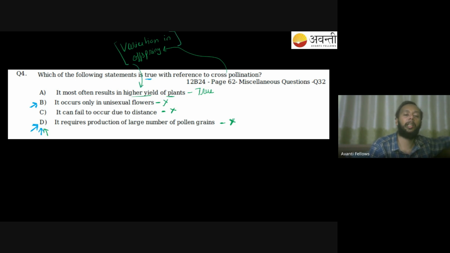So you get better plants. Why better plants? Because they have a variation in the offspring. And variation is essential for the survival of the plant with the changing environment. आपके environment में जो changes हो रहे होते हैं उसमें survive करने के लिए you need to have a variation. So that's why option A becomes my correct answer.